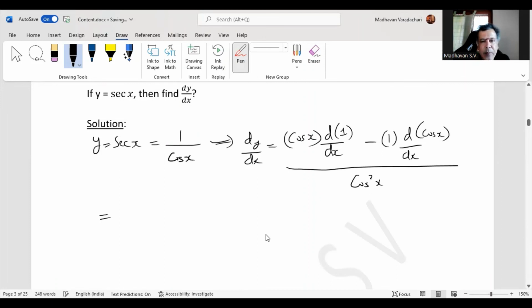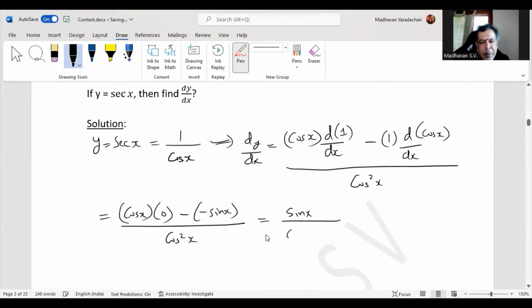So that will be now cos x into d by dx of any constant will be 0, minus d by dx of cos x is minus sin x, whole thing divided by cos square of x. So this is nothing but a 0 minus or minus, it becomes plus sin x by cos square x can be written as cos x into cos x. So sin x by cos x is nothing but tan x, and then 1 by cos x is nothing but secant x. So the derivative of secant of x is tan x into secant x.